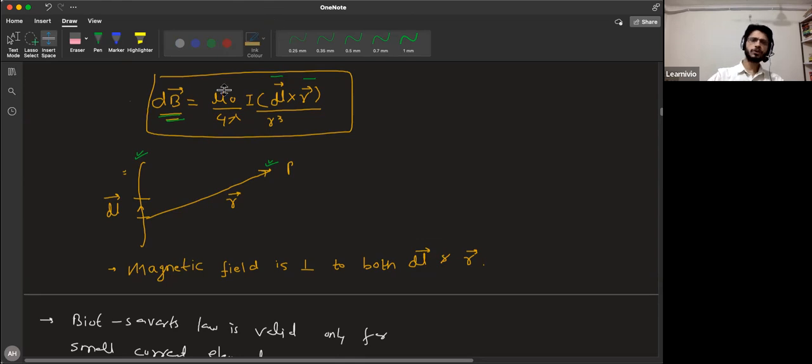In this rule, we take our thumb and place it in the direction of current. If this is the current carrying conductor, I will hold that conductor in my hand in a way so that the thumb points in the direction of current and the curvature of the fingers will give the direction of the magnetic field.